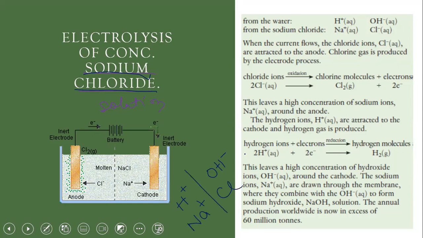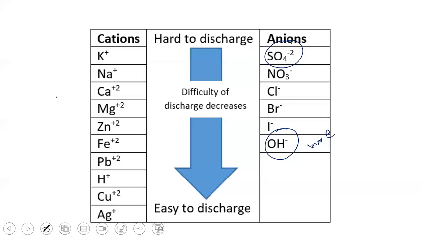Now, again, you have to decide who is going to go to the cathode and who is going to go to the anode. For the cathode, I have two options. What are the two options that I have? I have hydrogen and sodium. Exactly, correct. Which one of them is going to the cathode? We go back and look at the table.